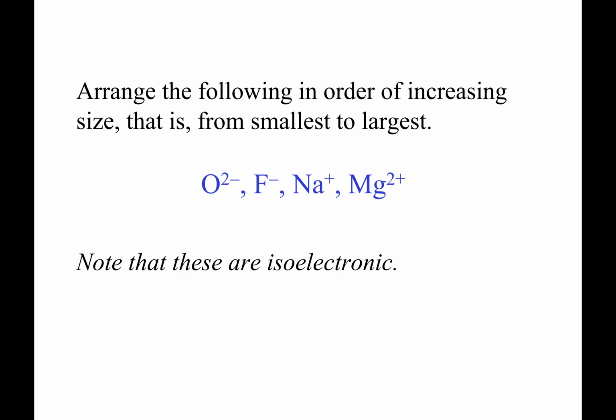It looks like magnesium and sodium are losing electrons to be like neon, and oxygen and fluorine are picking up electrons to be like neon. So they all have 10 electrons. We could be asked this question: what is the size of these in order from smallest to largest?